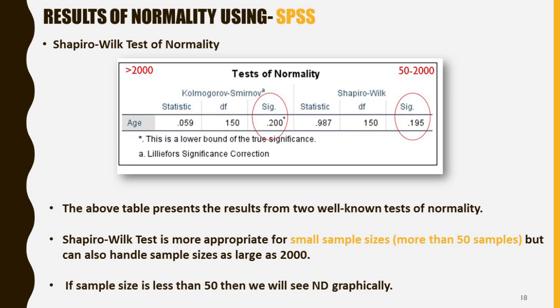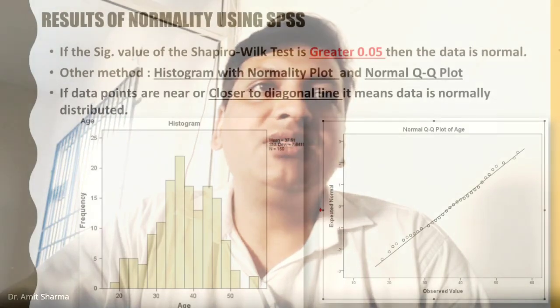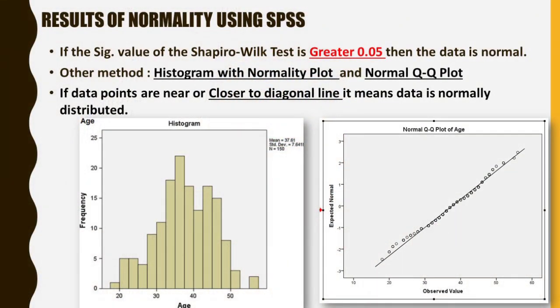Now, why these two tests? The Kolmogorov test we are using when our sample size is more than 2000, and Shapiro-Wilk we are using when our sample size is ranging between 50 to 2000. So if our sample size is less than 50, we are not able to use the value of Shapiro-Wilk or the value of Kolmogorov. For that, we have to see our results manually with the help of two different graphs. One is your QQ plot and the second one is the histogram or the normality plot.